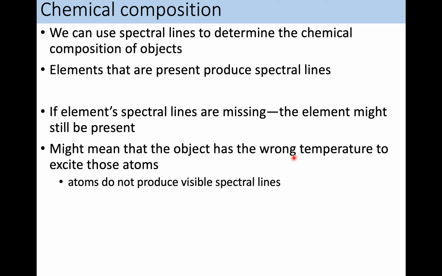So it might mean that the object that you're looking at, say the star, doesn't have the right temperature to excite the atom of that element. So the element might still be there. It's just not producing the spectral lines that you'd expect if the element was being excited.